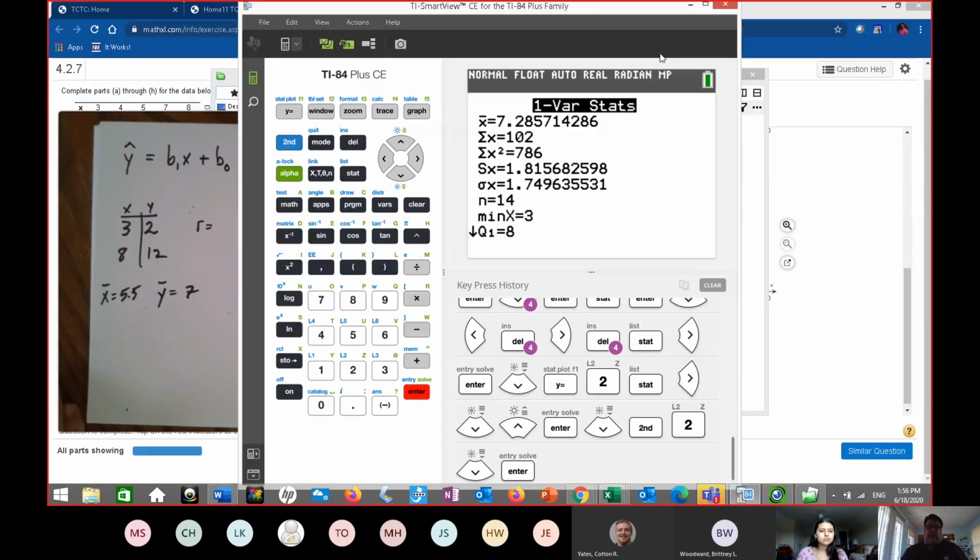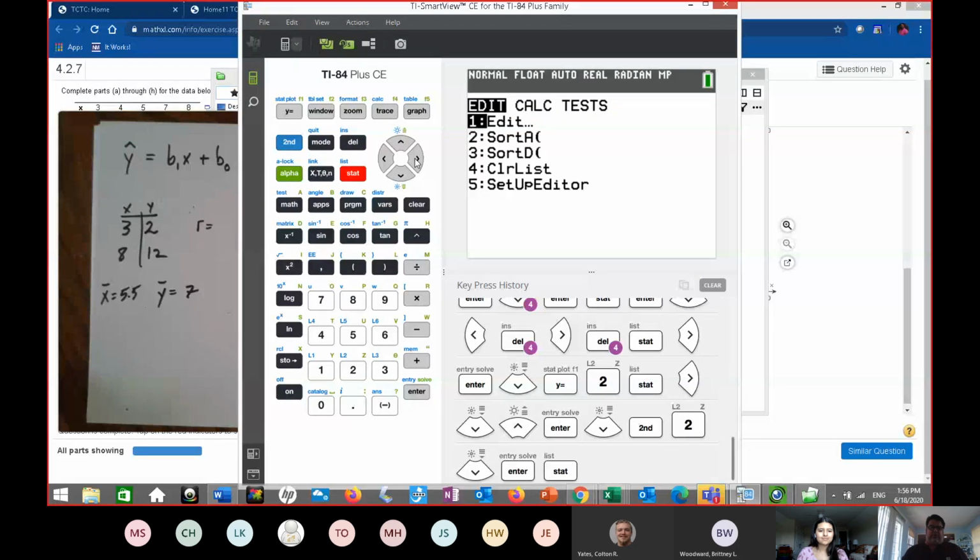Oh, did it give us R here? Let's see, did it give us R on the other? We can find it here. So let me go to stat. People sure can't say I don't try to show y'all everything.